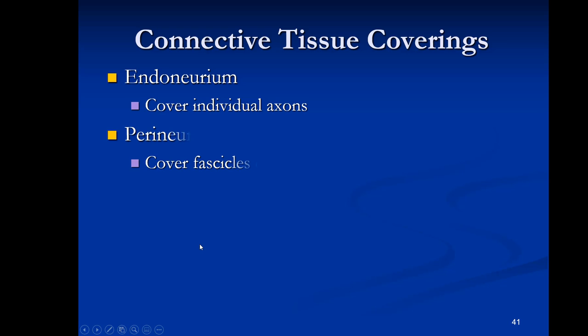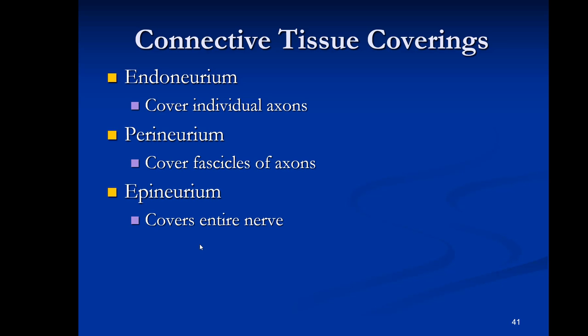All right, just like muscle, nervous tissue has connective tissue coverings around it. And the terminology is really similar. So around an individual axon, on top of the myelin sheath if it's there, you would have connective tissue called the endoneurium. The axons bundle into bundles called fascicles, just like muscle did.